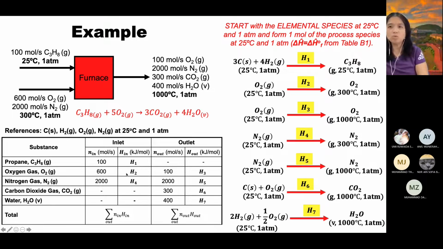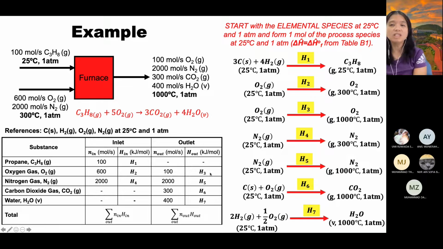For H2, we calculate for oxygen gas. We must first form oxygen gas at 25 Celsius 1 atm, then bring it to the inlet condition, which is oxygen gas at 300 Celsius 1 atm. So this is H2.